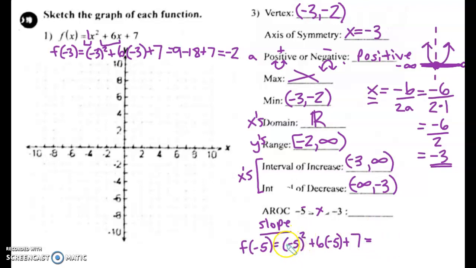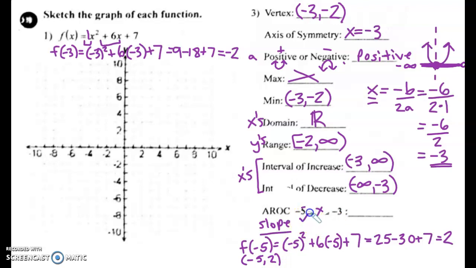So -5 times -5 is a positive 25. 6 times -5 is -30, and then you just have a positive 7. Okay, subtracting and adding left to right. 25 minus 30 is -5. -5 plus 7 is a positive 2. So that means one of our points is at (-5, 2).